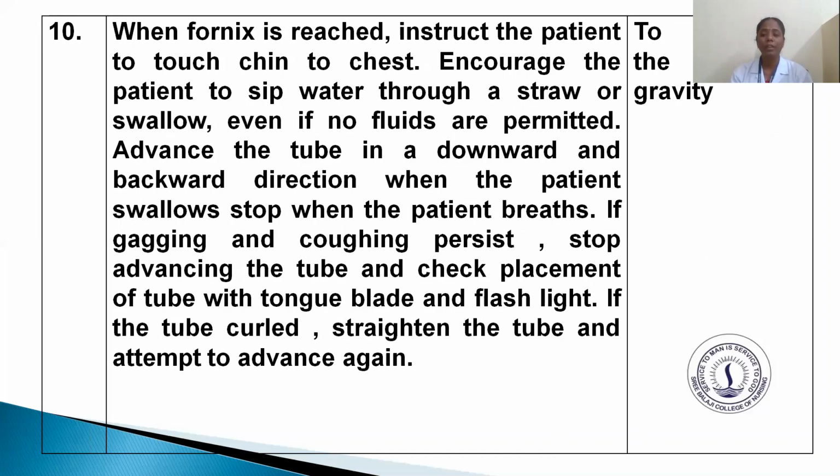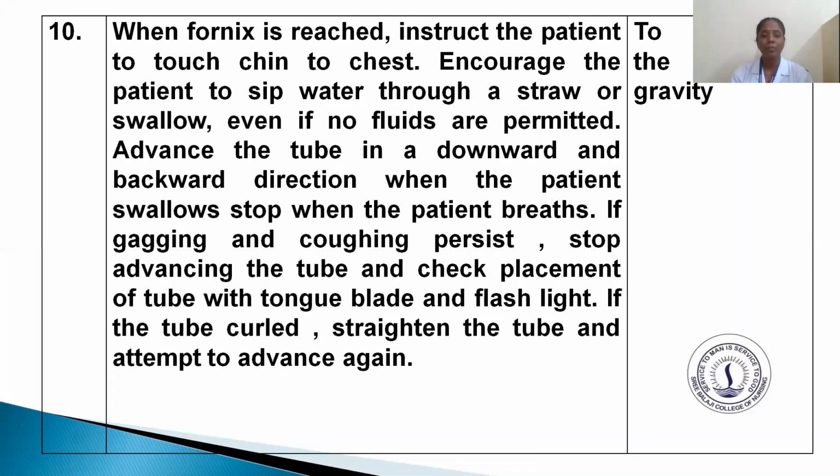10th point, when the fornix is reached, instruct the patient to touch chin to chest. Encourage the patient to sip water through a straw or swallow. Even if no fluids are permitted, advance the tube in a downward and backward direction when the patient swallows.